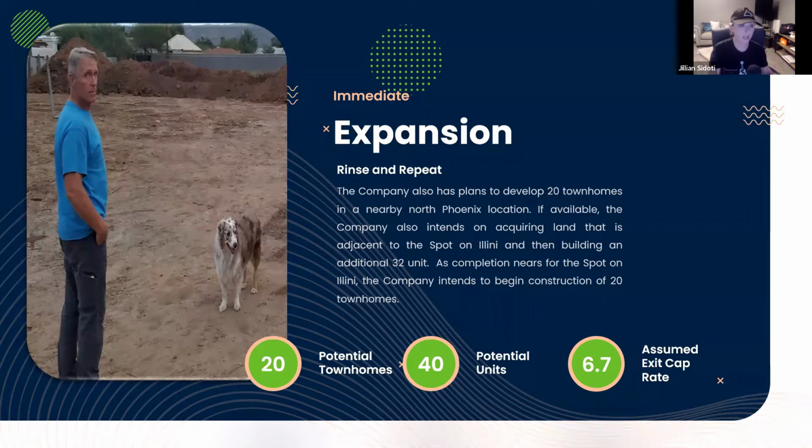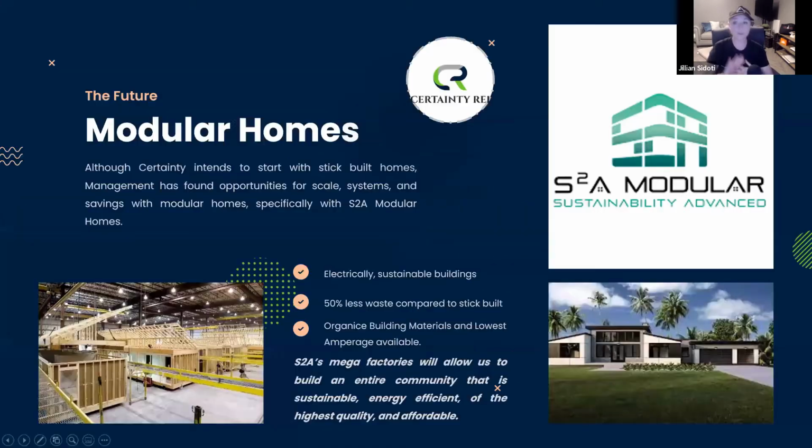Okay. So again, I had mentioned in the previous slide that this company is very concerned about making sure that their tenants are happy, safe, and living in a nice place that is environmentally conscious. And they take that a step further by looking at modular homes for their future builds, and they've partnered with this company, S2A Modular, that has a sustainable bent to it, and it actually has 50% less waste compared to stick built.